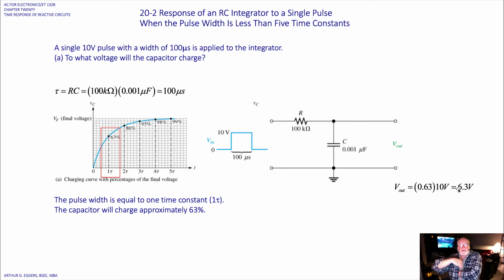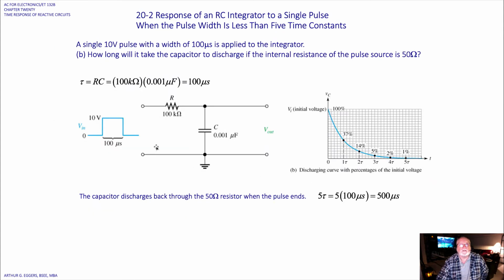So there's an exploded view you can take a look at, and you can see what's going on here from what we've seen before, the 63% point of course being there, and then if we go out to a full 5 tau of charging, which we were not given in this problem. So in this case, again, we calculated tau, RC, which gives us 100 microseconds.